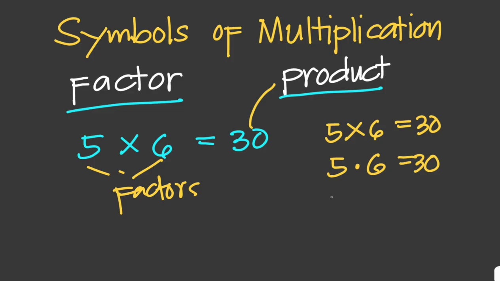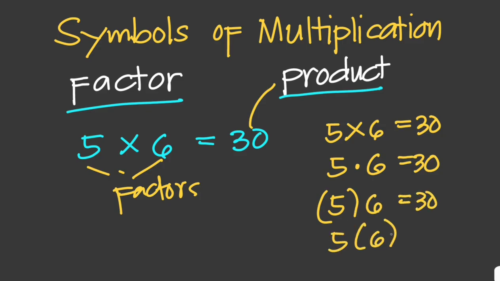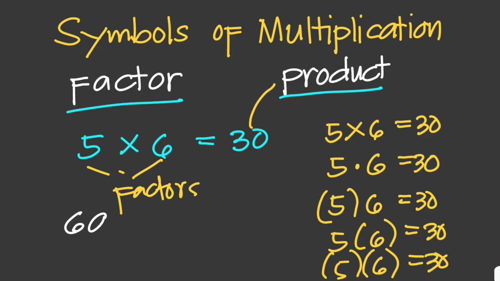So we can write this as 5(6) equals 30, or (5)6 equals 30, or parentheses around both of the factors. And take note that multiplication is also indicated when a number is placed next to a variable. Say, for example, 6a. 6a here can be written as 6 times a.